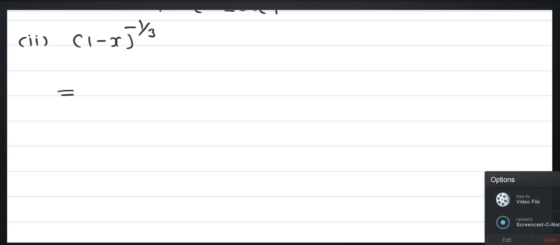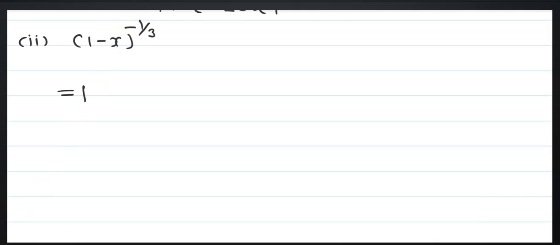Now next example. Here the example is (1 minus x) raised to minus 1 upon 3. Now the same treatment is here. One thing you can remember, here is a minus and minus. Both of them are minus and that's why it is a plus. All terms will be plus.